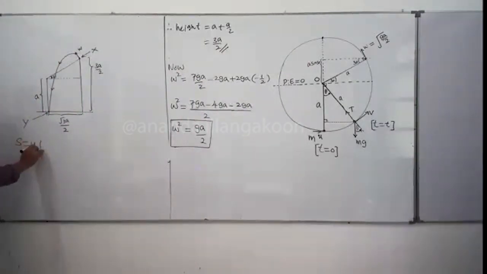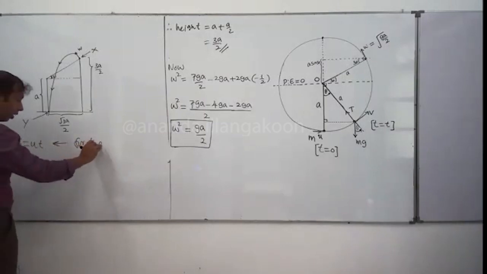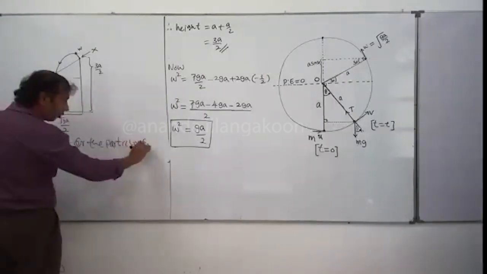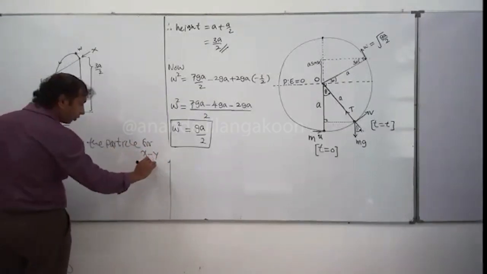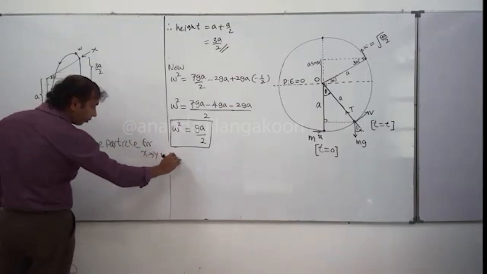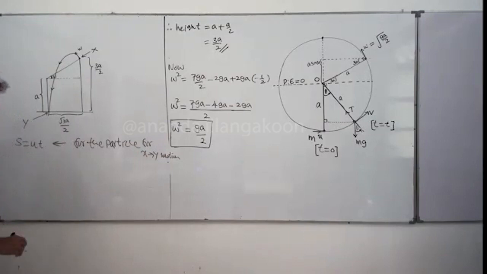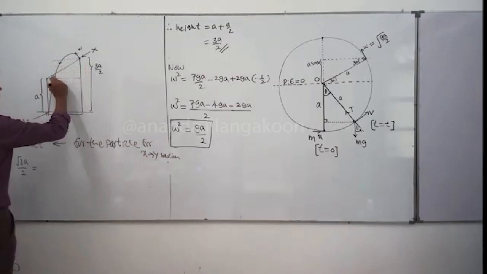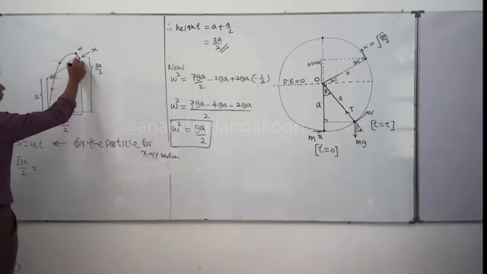Okay, then we can write this way. S equals ut, we apply this way for the particle for X to Y motion. S is root 3A by 2. U, when you draw horizontal line here, if this is theta, this is also theta, this is 60.